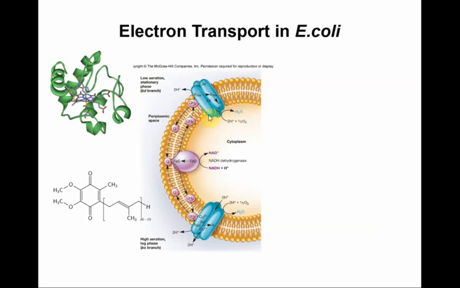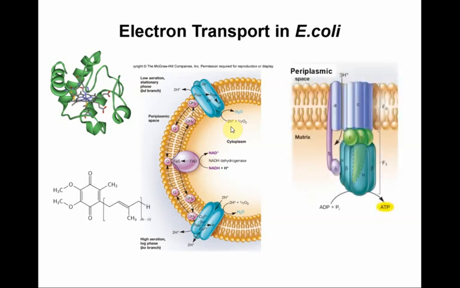However, you still get some kind of contribution to the proton gradient because every time the electrons come down through these cytochromes that are in the complex, in the end, they're transported to the cytosolic phase of this membrane protein complex. And then two protons react with half a molecule of oxygen, and that will give you one molecule of water. So the proton concentration, the acidity on the cytoplasmic phase is reduced.